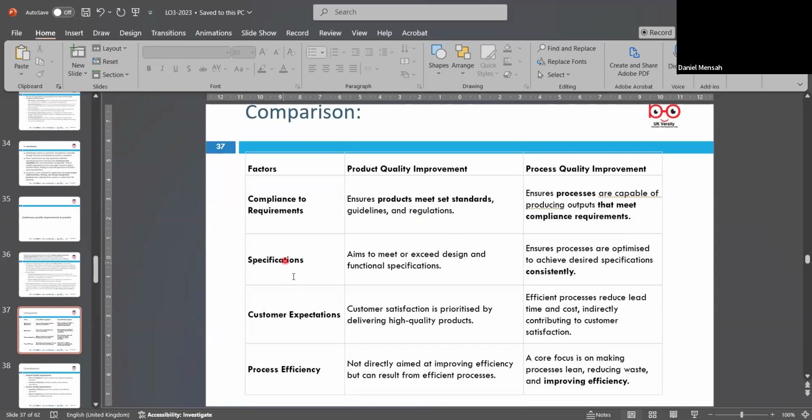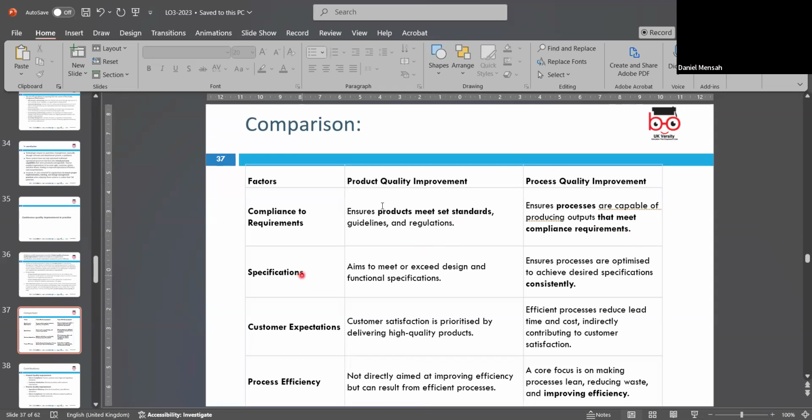Specification: in product quality, it focuses on meeting or exceeding design and function specifications, for example the iPhone's design, and in terms of functional specification, touch or privacy features.